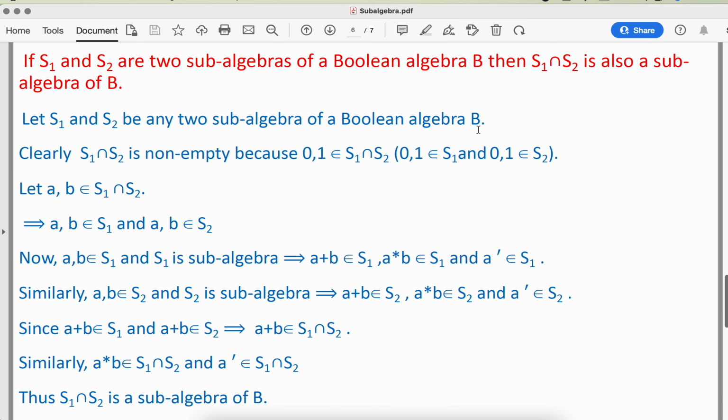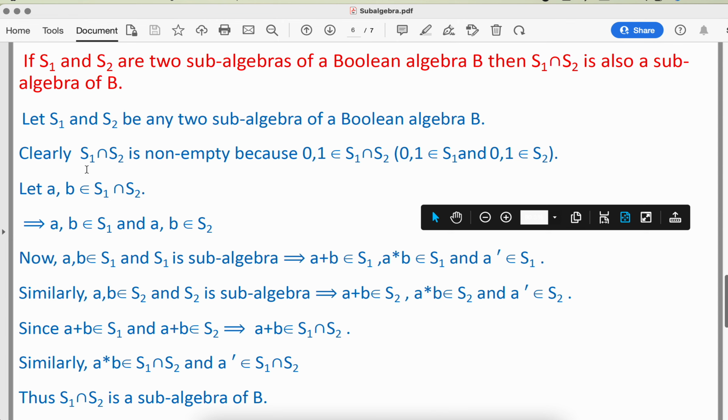So 0 and 1 always belong to a Boolean subalgebra. Therefore, S1 intersection S2 is non-empty, because 0 and 1 belong to S1, as S1 is a subalgebra, and 0 and 1 belong to S2, as S2 is a subalgebra. It means 0 and 1 belong to S1 intersection S2, so S1 intersection S2 is non-empty.